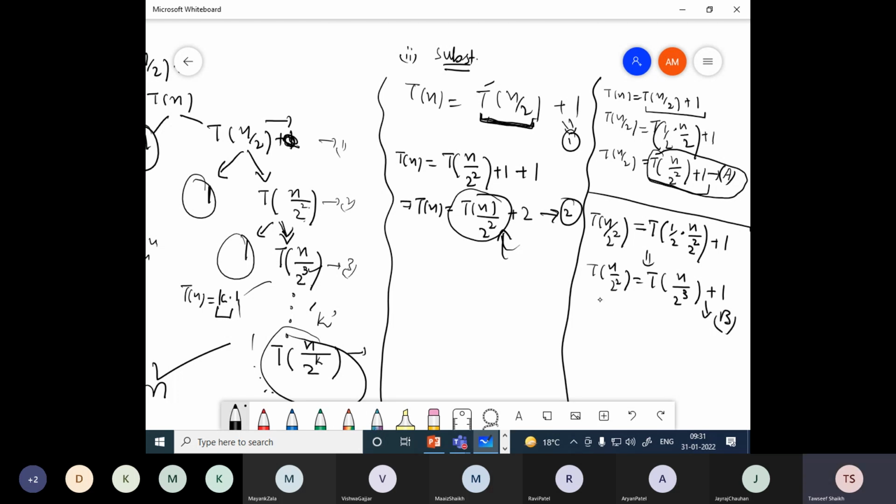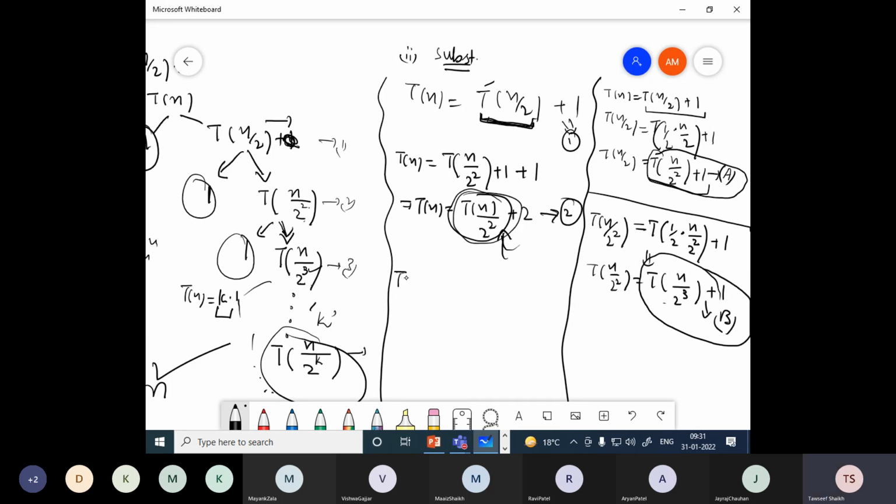Like we did in the previous step, we will take the value of T(n/2²) from equation B and substitute it in equation number 2 here. So in place of T(n/2²), this whole value we will substitute here.